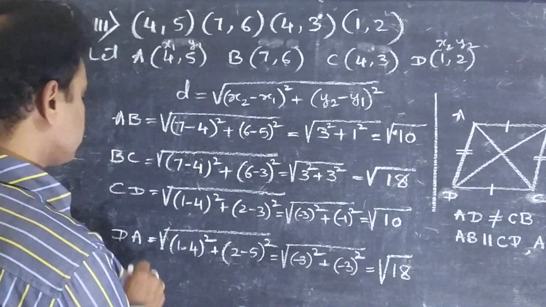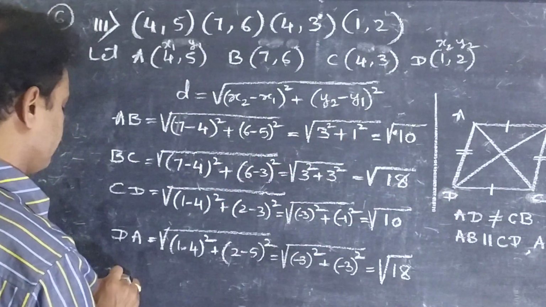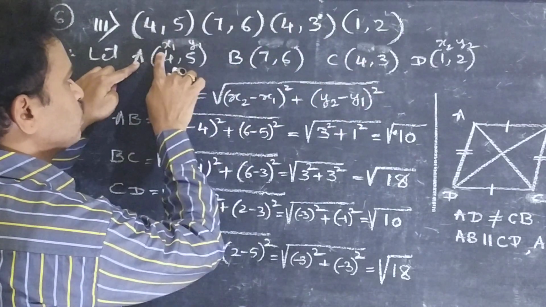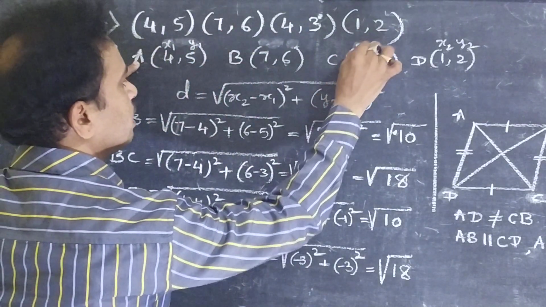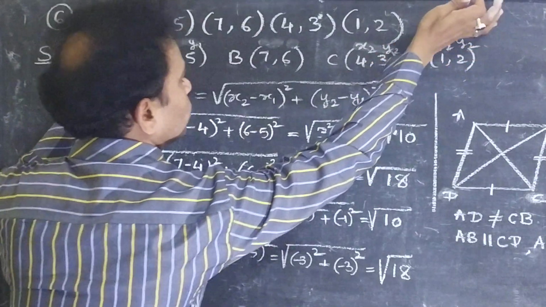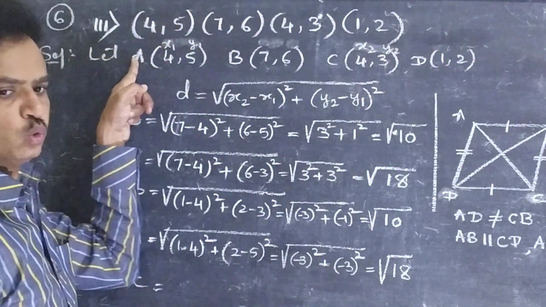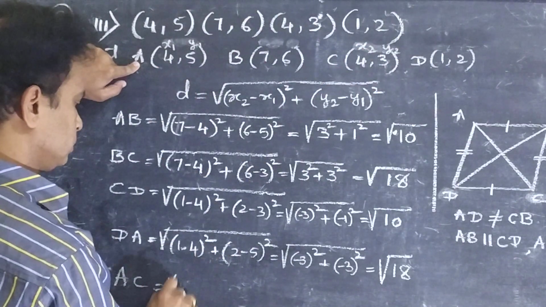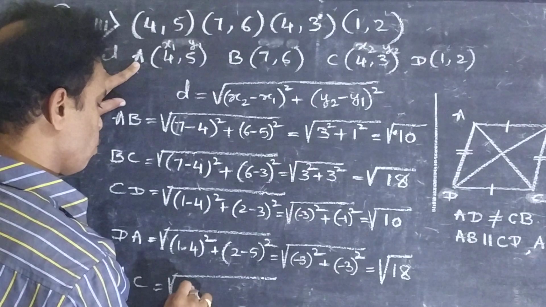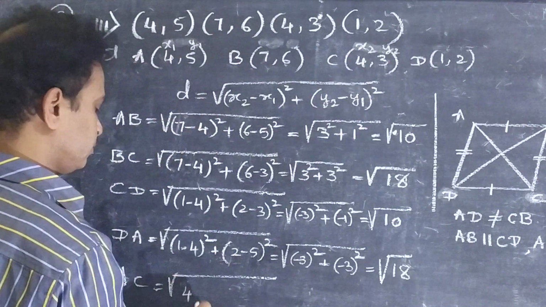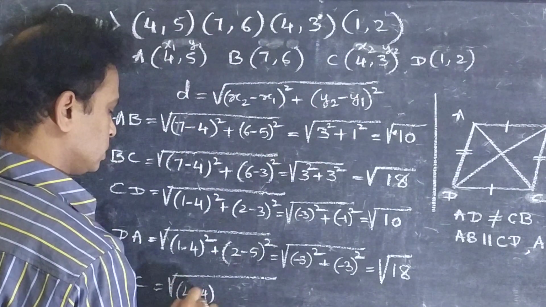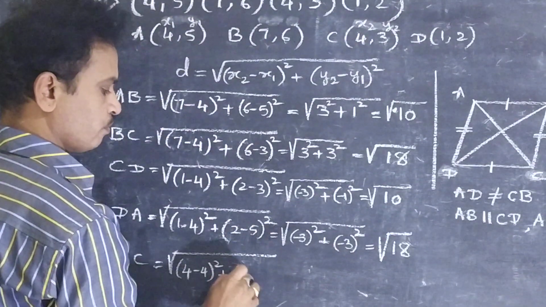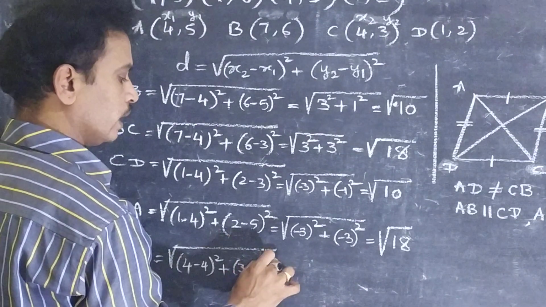Now AC: A is x1, y1, so this point C we will take x2, y2. x2 minus x1, 4 minus 4 whole square plus 3 minus 5 whole square.